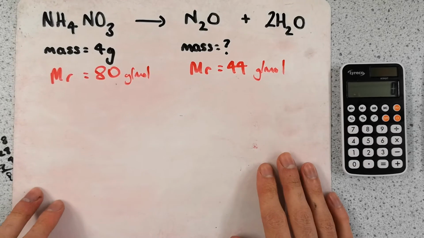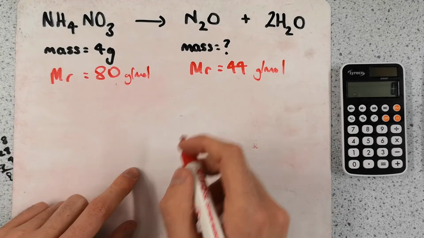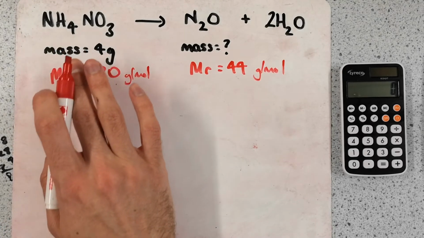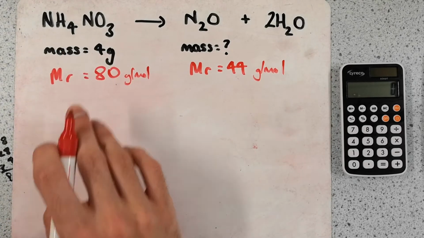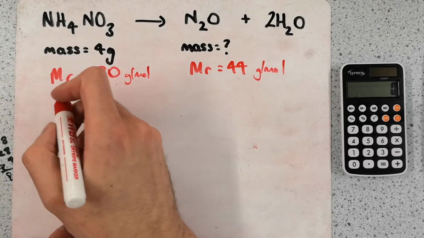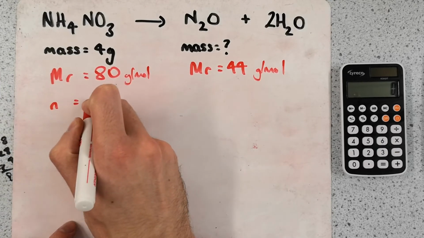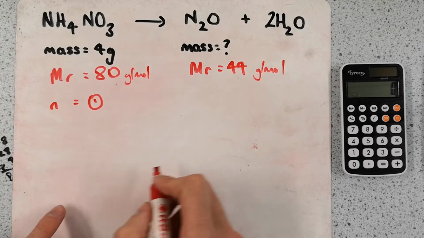So now what we can do, first of all, if we look at this, we can't do anything with N2O. We only know one thing about it. But we do know two things now about the ammonium nitrate. We know its mass, we know its MR. So the first thing we can do then is work out the number of moles. I'll just put this as 1.